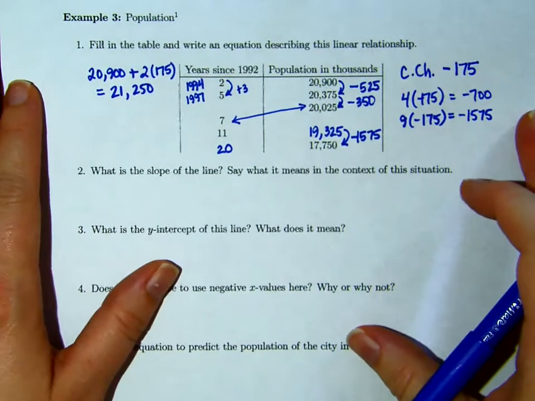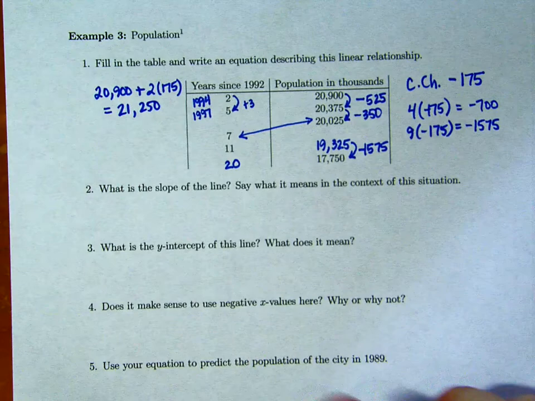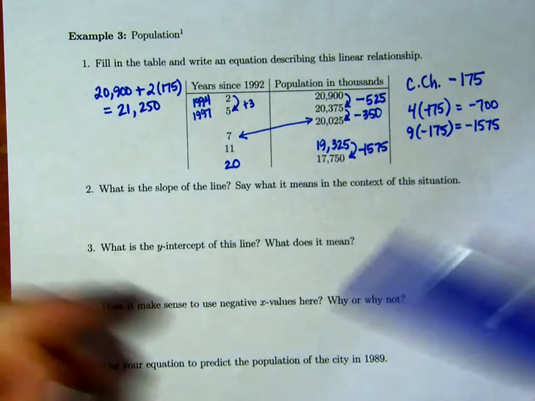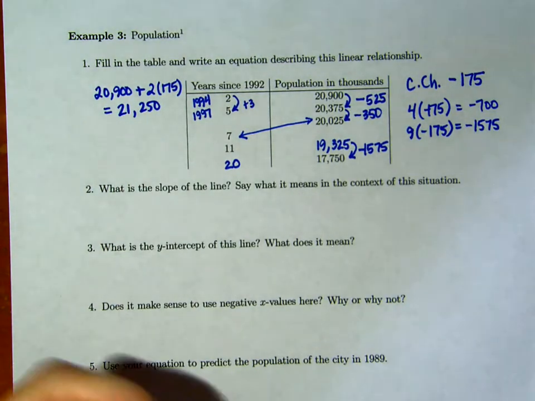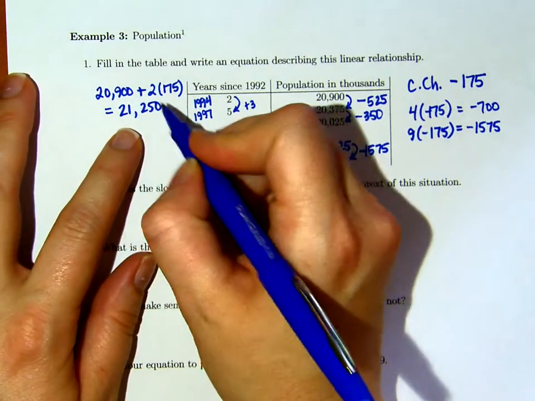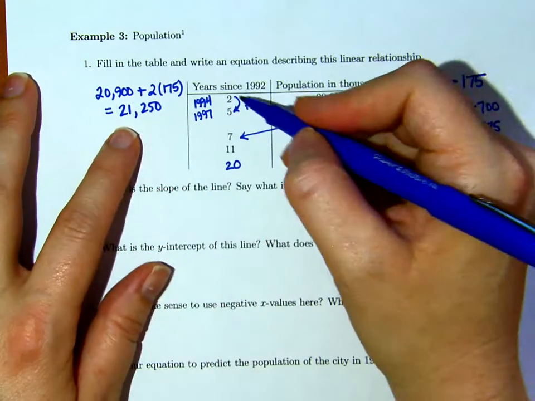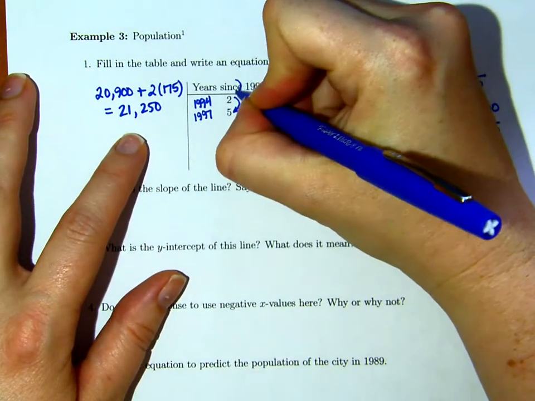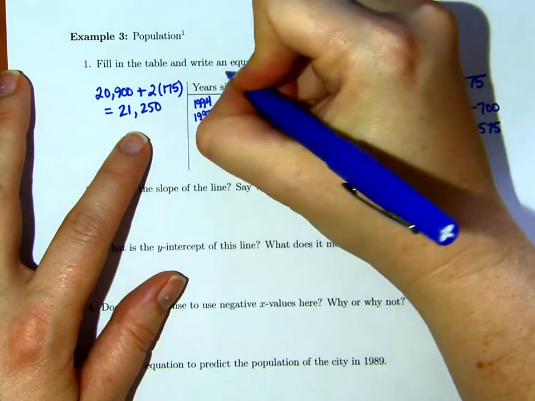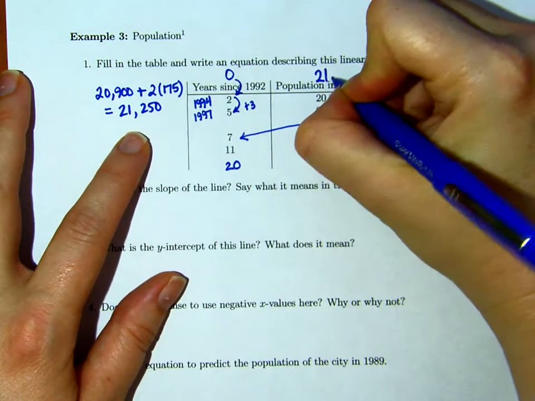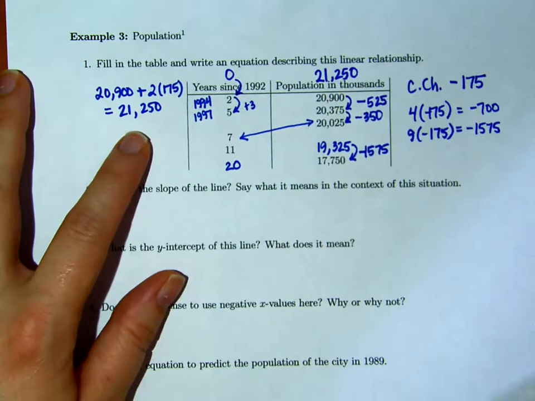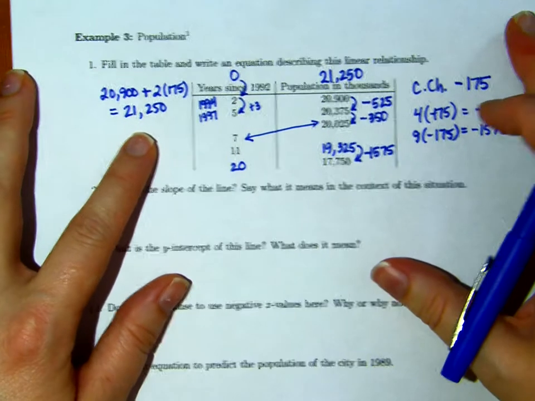Okay, so the initial value, the initial population in 1992 was 21,250. And I really went like this. I was trying to undo this decrease.